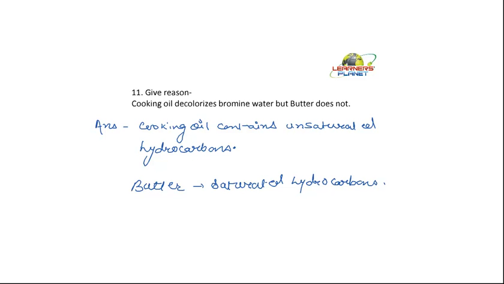So always remember, whenever there is a question like this related to bromine water, or the decolorizing of potassium permanganate, similarly the unsaturated compounds decolorize the potassium permanganate solution also. Why? Because our 1% potassium permanganate solution is called Bayer's reagent. Now that Bayer's reagent has a light pink color.